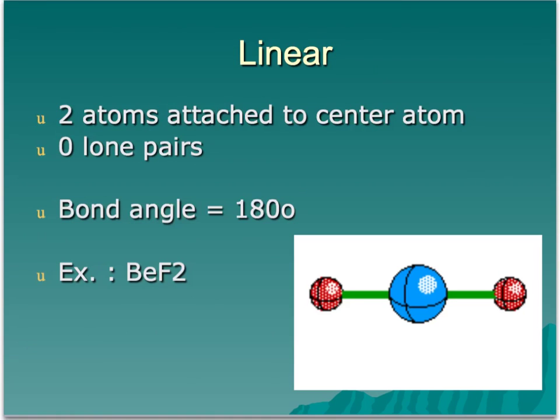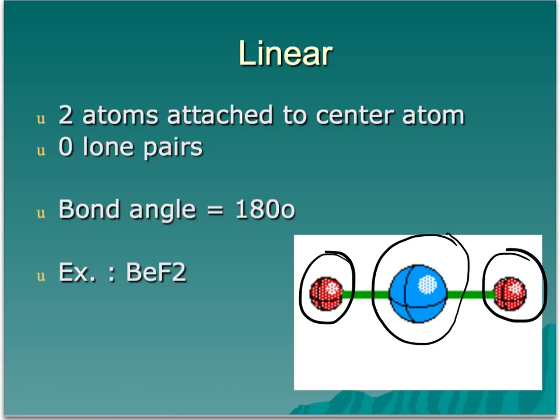The first shape we're going to look at is called linear. In linear, you have two atoms attached to a center atom. So you can see the center atom here in blue, and then it has these two red atoms attached. It doesn't have any lone pairs. The bond angle here, which is just showing you the angle between the central atom and the two atoms that are attached, is 180 degrees, and an example is BeF2.